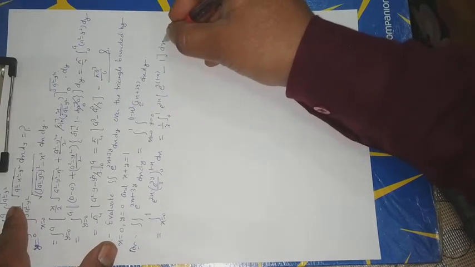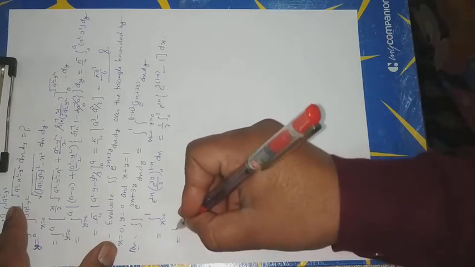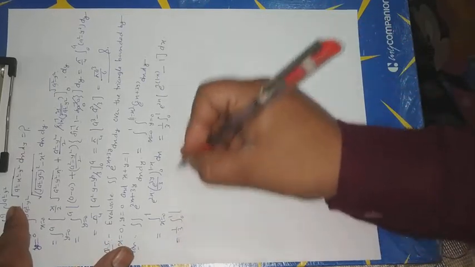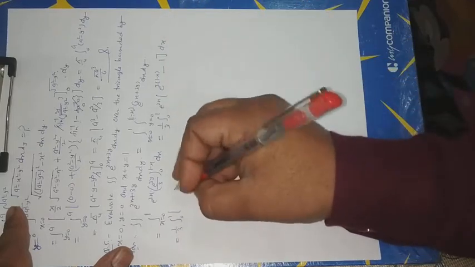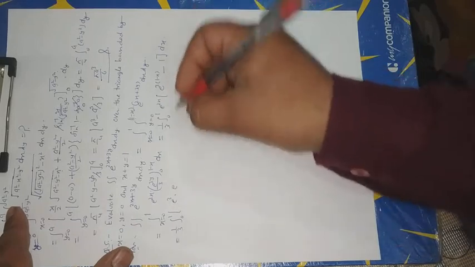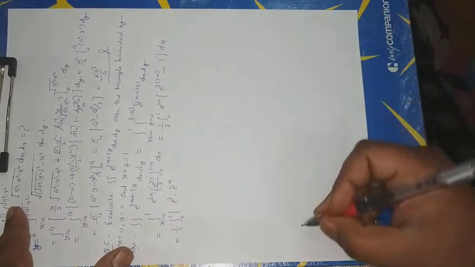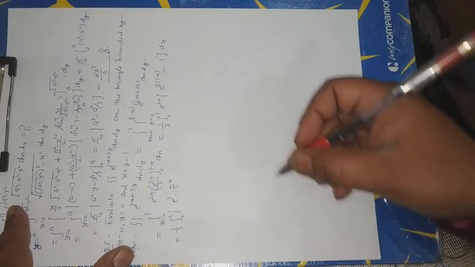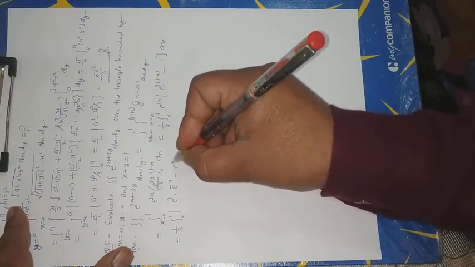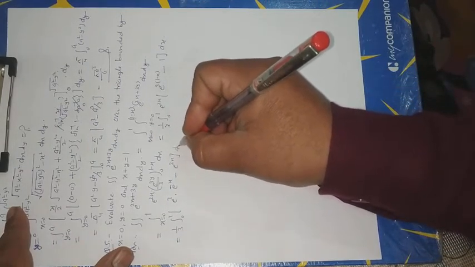dx. Now 1 upon 3 integral limit 0 to 1, multiplying here, we get e to the power 3 into e to the power minus x minus e to the power 2x dx.